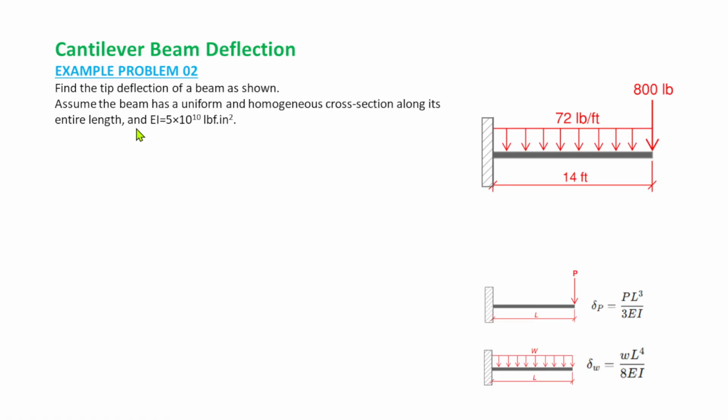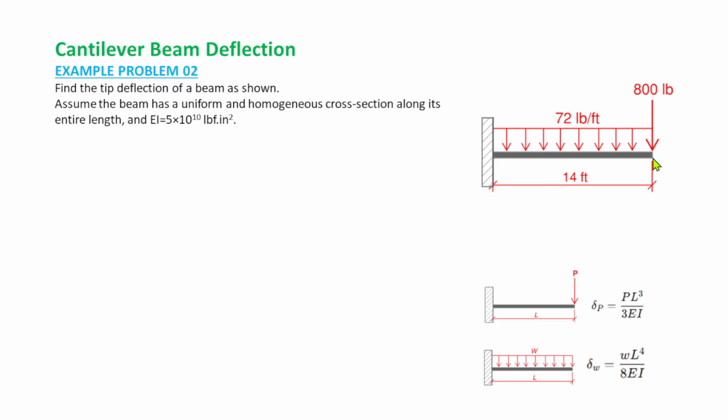And we are given the value of EI, which is 5 times 10 to the power of 10 pounds per square inch.